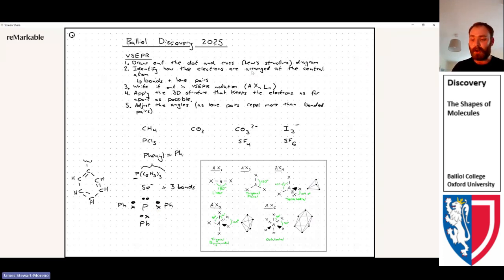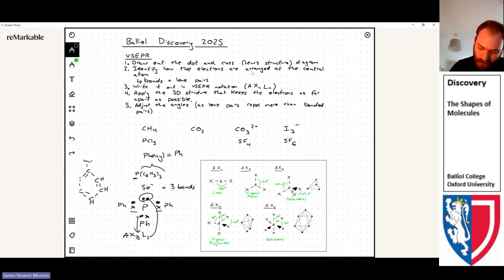So in terms of our VSEPR notation, what we have here is an AX3L1 system. You have the three X's here, here, and here, and you have the one lone pair. I'll just remove some of those arrows because they might get a little bit confusing in a second.